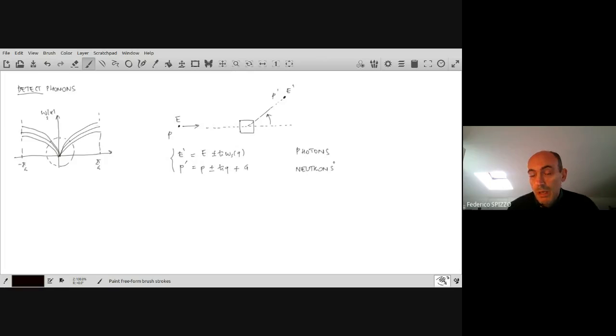Why neutrons? Because neutrons are not charged particles, so they have no electromagnetic interaction with the solid. In the solid we have a lot of charged particles: electrons and ions. So the fact that neutrons have no charge means that the interaction with the electrons, that are very light particles for what concerns their mass, can be completely neglected.